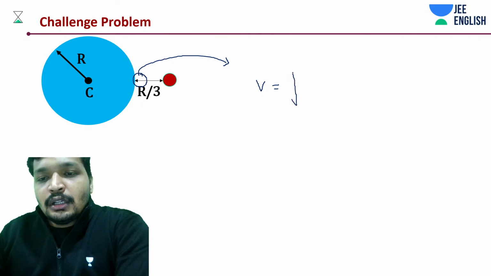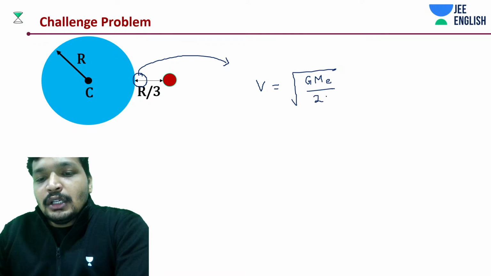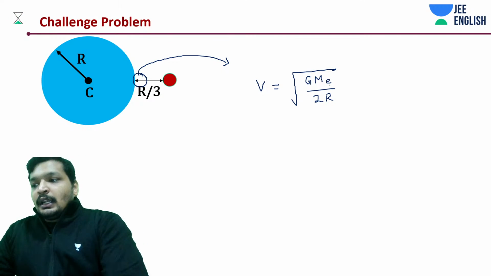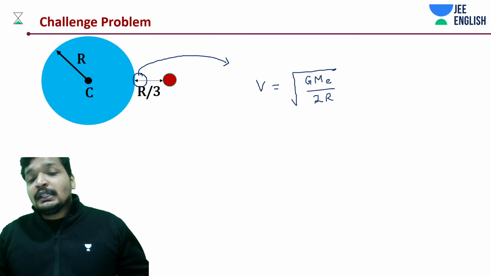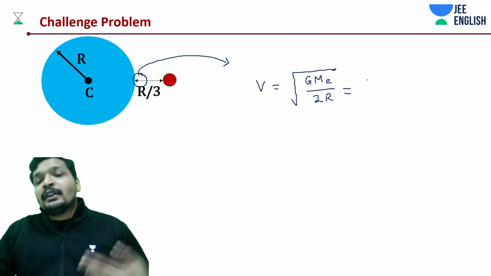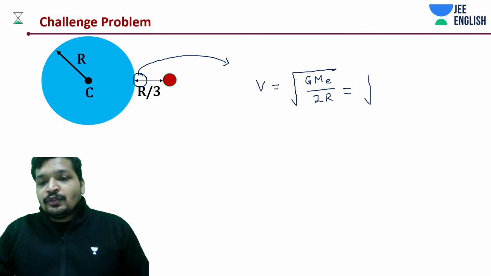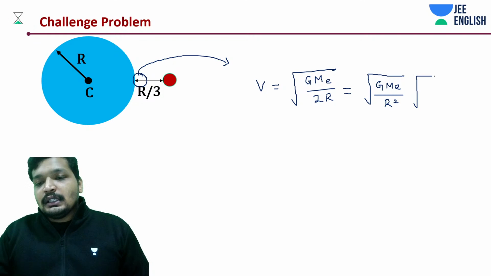under root GME by 2R. Now, how do we express it in terms of g? Basically, multiply with R in the denominator and in the numerator. If we do this, let's say we separate out the terms and we say this is R square and R by 2.